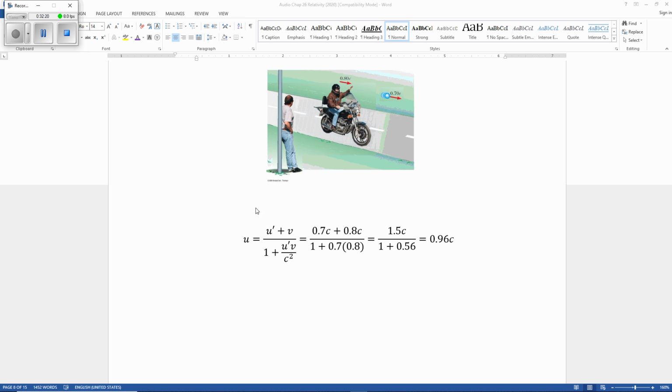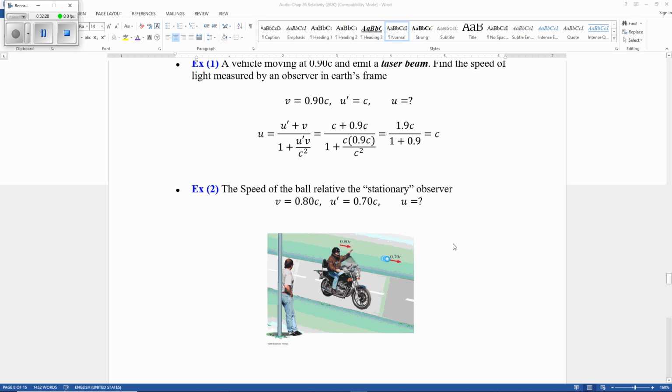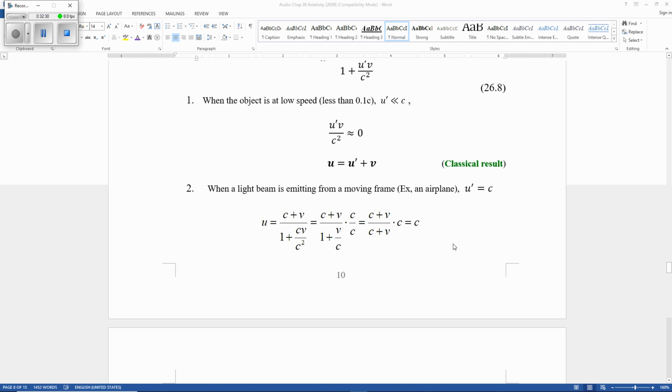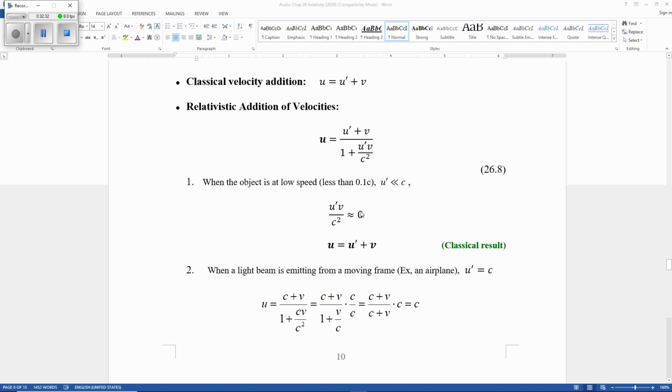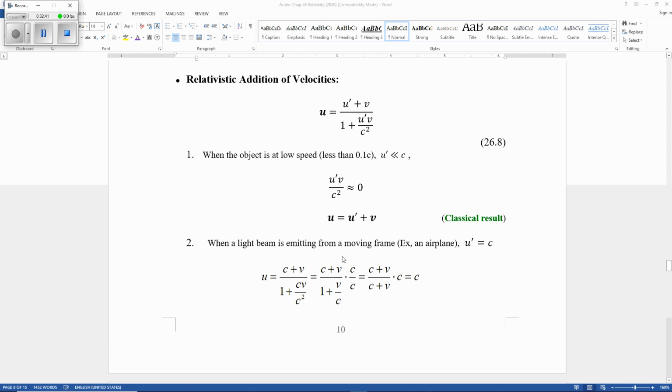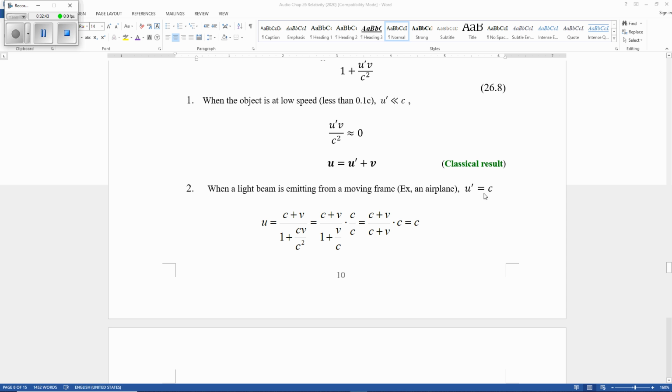Using the velocity addition of special relativity, it gives you 0.96c. It makes sense, as we already discussed, because this equation at low speed reduces to the classical result, right? At high speed, if the speed equals c, it will always give you c, the speed of light.